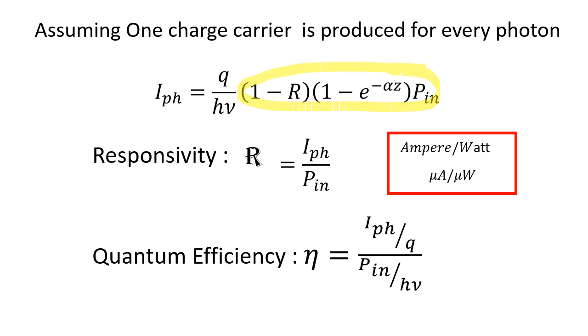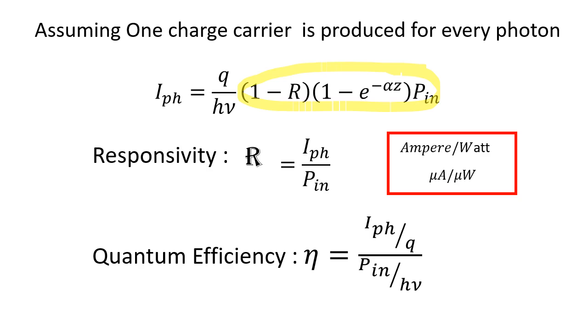This is sort of a figure of merit for a detector. Larger the responsivity of the detector, greater is going to be its sensitivity. So you can clearly see that, for example, it is measured in terms of ampere per watt or microampere per microwatt or milliampere per milliwatt and so on.